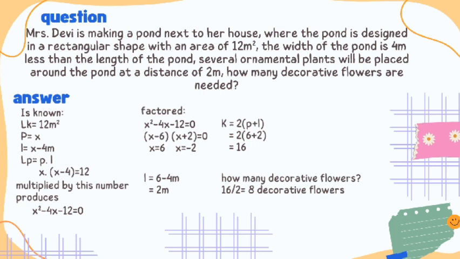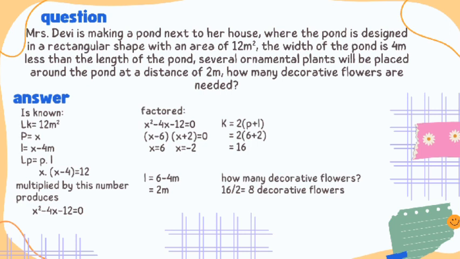Answer: the pool area equals 12 square meters. P, or length, equals x. L, or width, equals x minus 4 meters. The rectangular area equals P times L, or length times width.